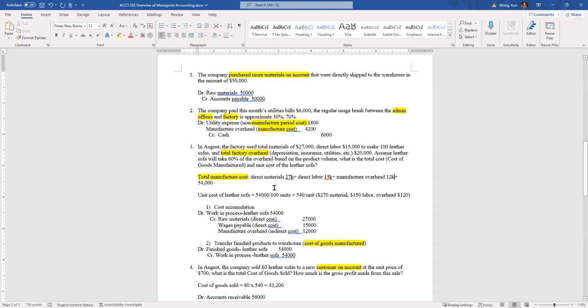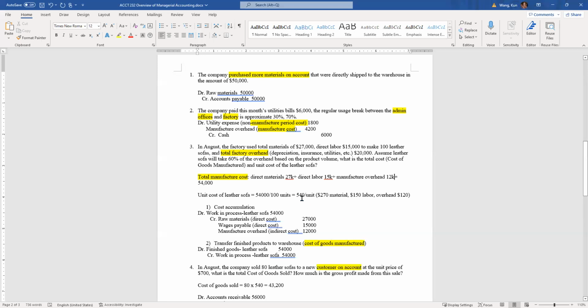So 54,000. Then the unit cost, we divide the total cost by the units completed. So $540 per unit. I intentionally make the number small and easy to calculate.